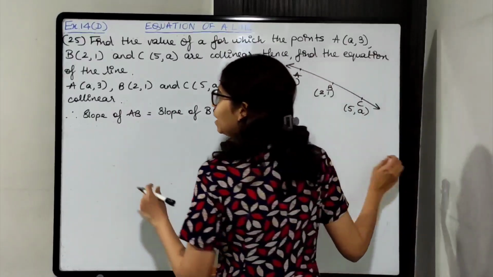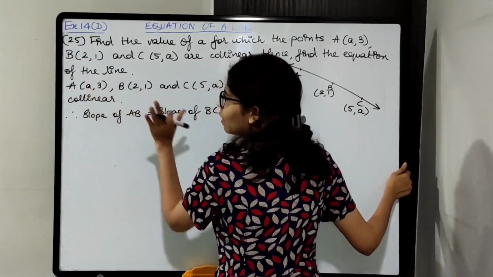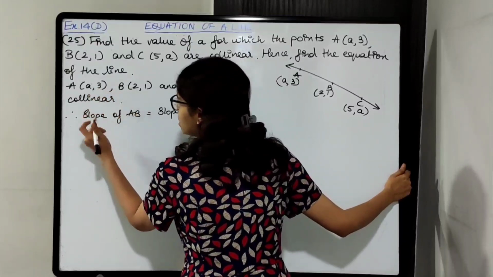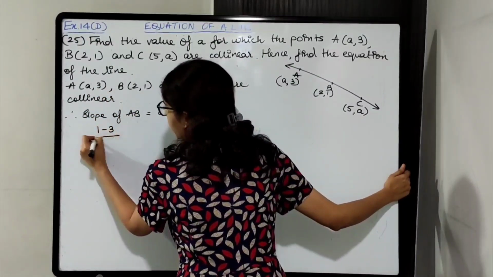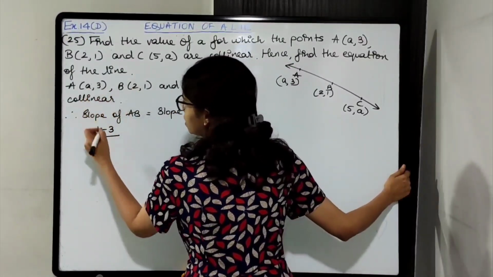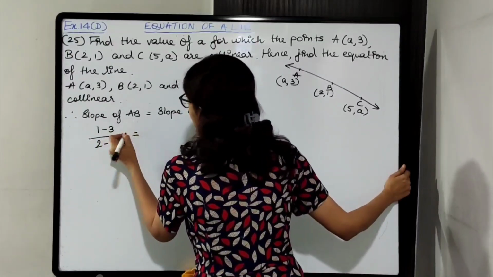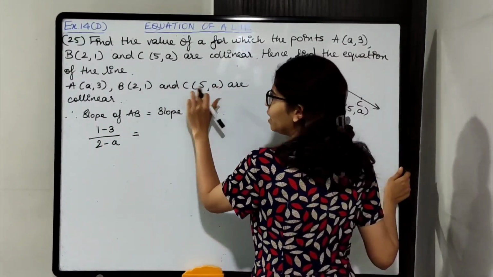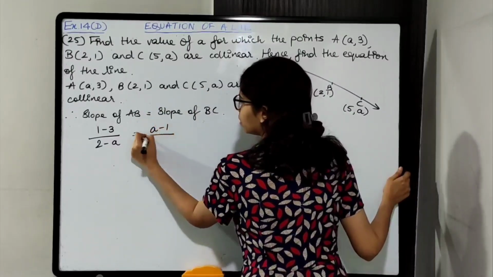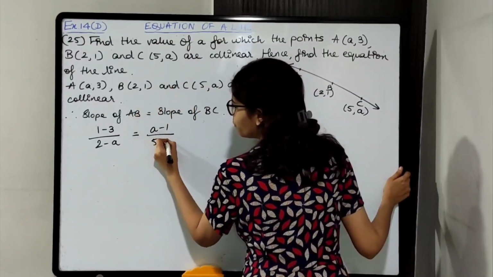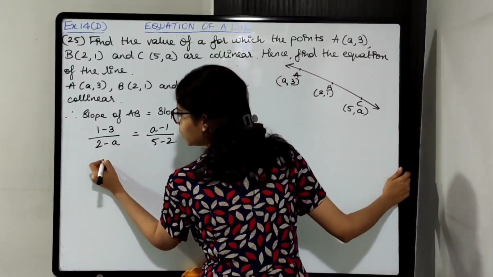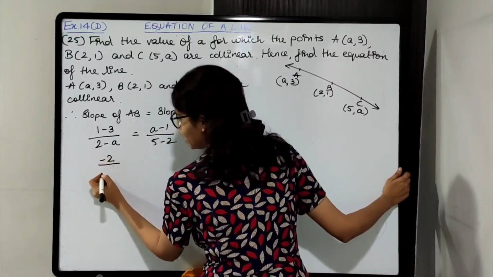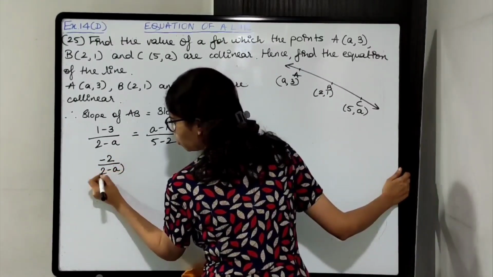So AB के लिए first we'll subtract the y coordinates. So 1 minus 3 upon 2 minus a is equal to slope of BC. Okay, for BC. So a minus 1 upon 5 minus 2. 1 minus 3 will give minus 2 and 2 minus a as it is. So put this in brackets.